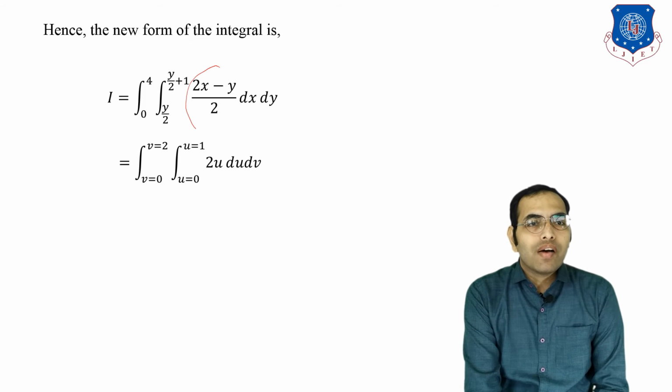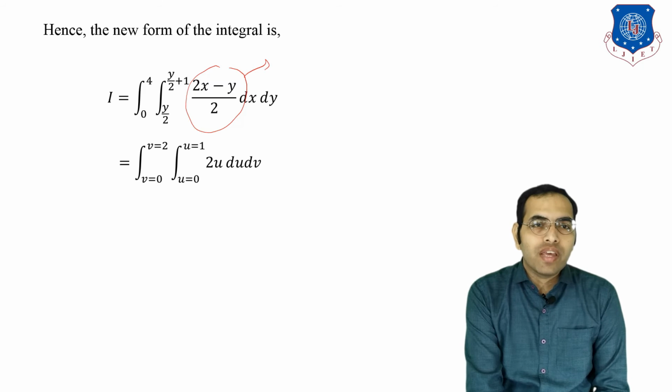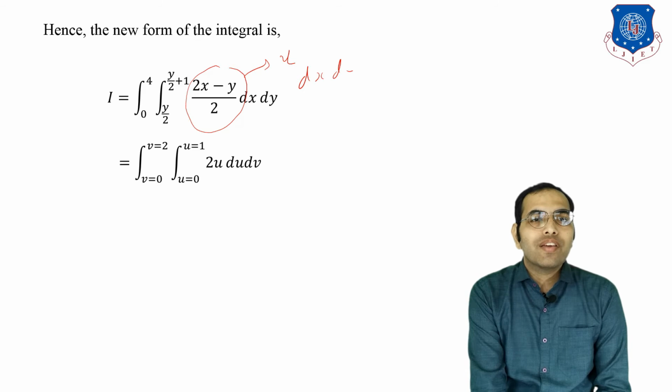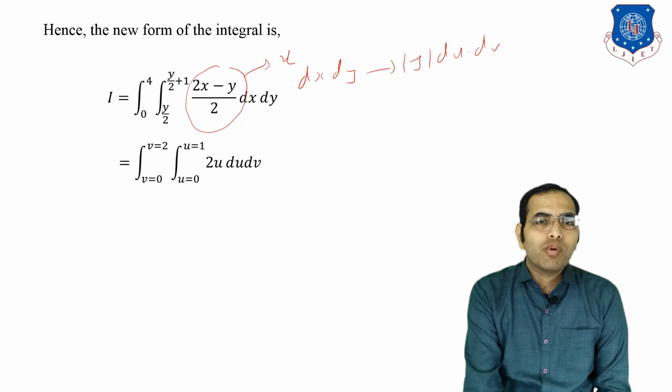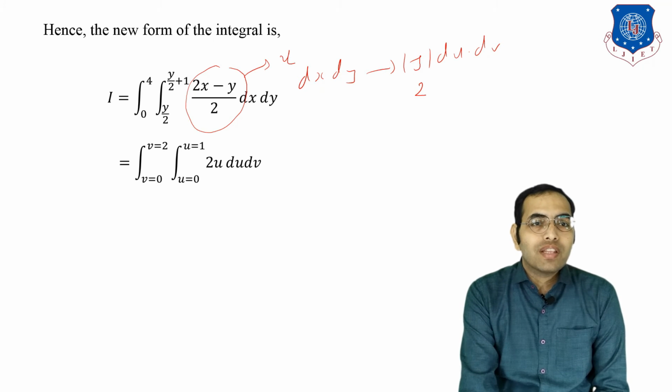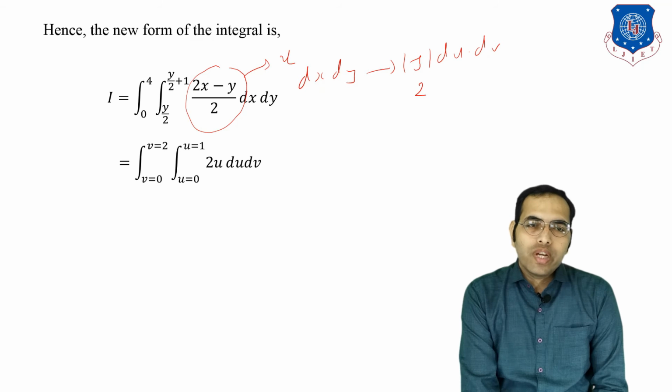Here x and y convert to u and v, so 2x minus y by 2 is u, and dx dy equals mod J du dv. Here the value of mod J is 2, so we replace dx dy with 2 du dv, which gives 2u du dv.